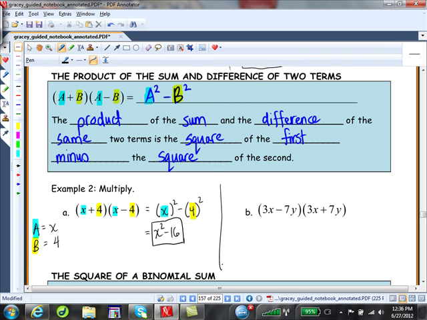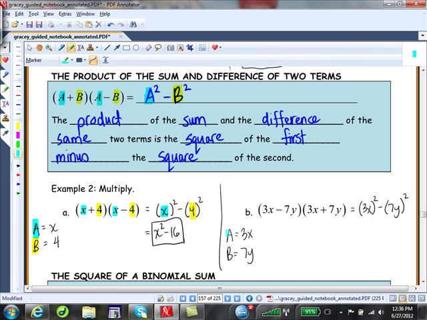What's our A in part B? Good, it's 3x, and B is 7y. All right, so now be careful, it's the whole quantity 3x being squared minus the whole quantity 7y being squared.